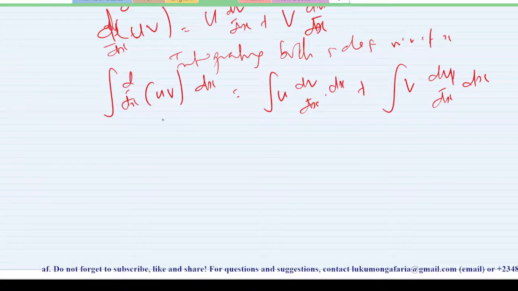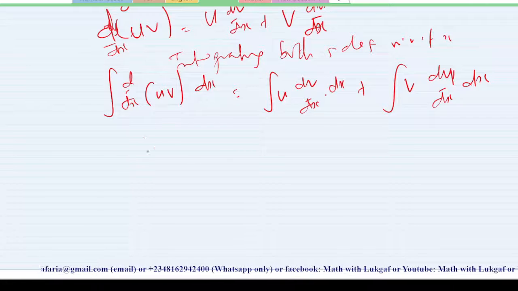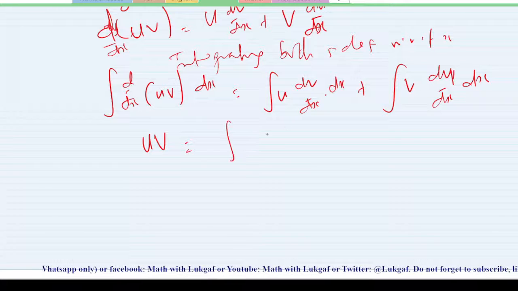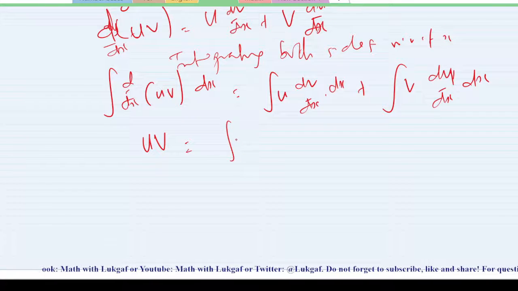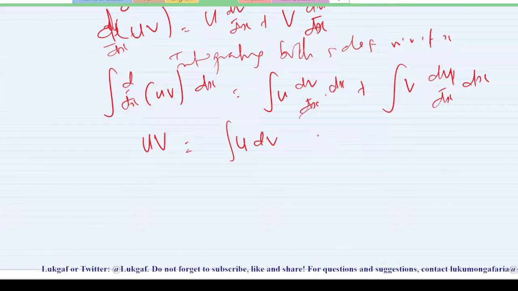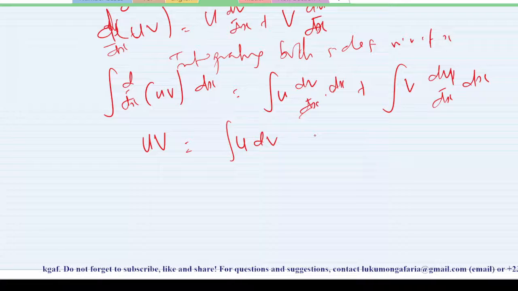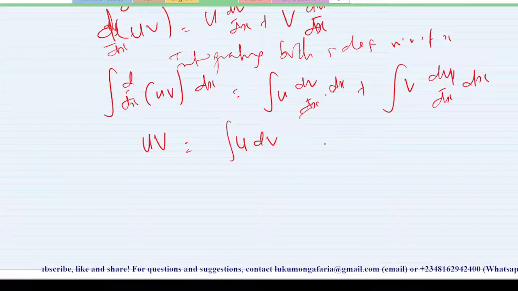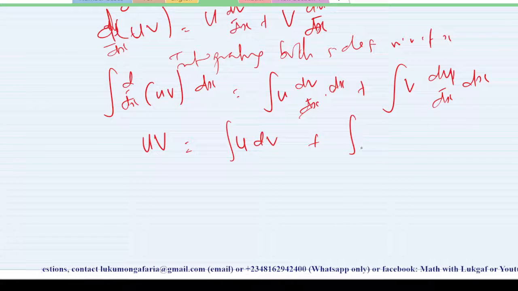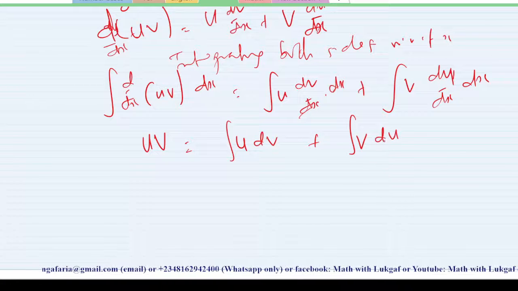If you check this very well, remember I said integral is the reverse process of differentiation. So this means you are going to have uv, and this will give me the integral of u dv, you can say this cancels this. I hope I'm communicating. Then plus the integral of v du.